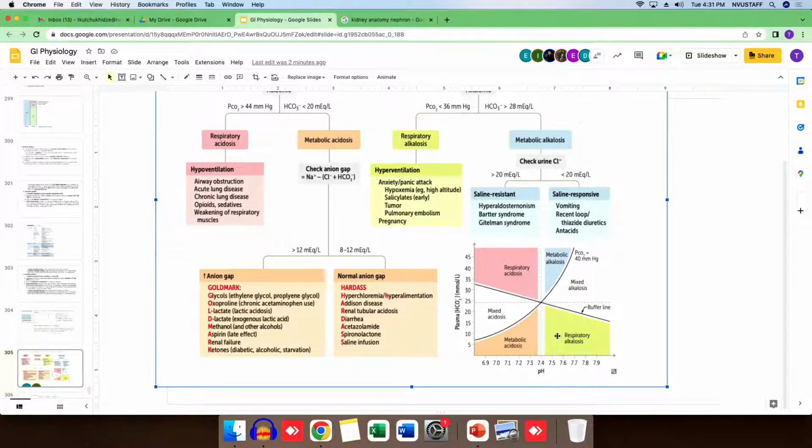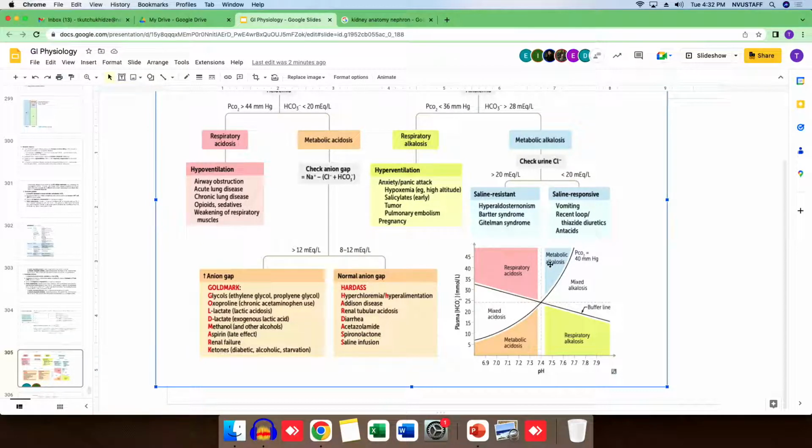So now talking about respiratory alkalosis. As we see, pH is rising, bicarbonate is rising a bit, but our PCO2, partial pressure of CO2, is rising much, right?